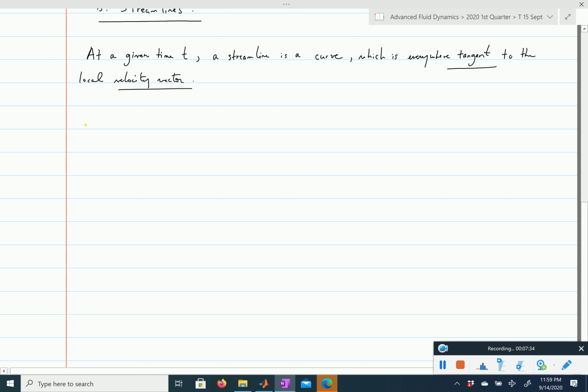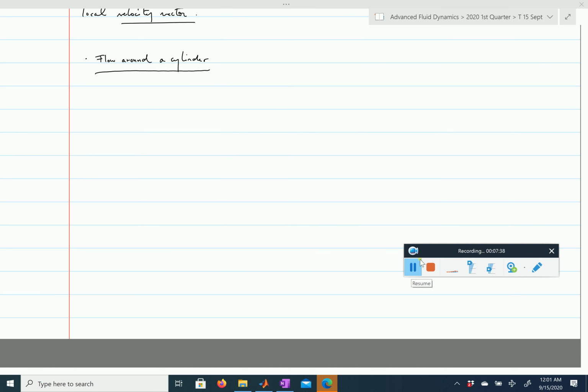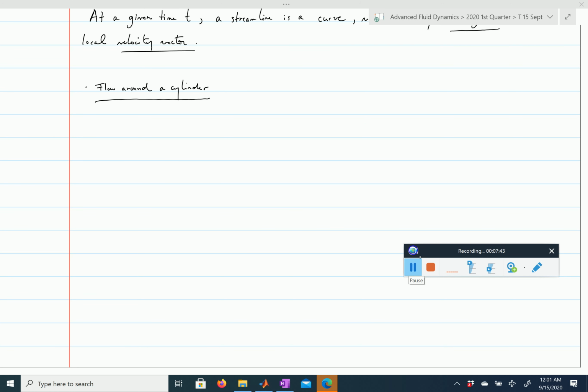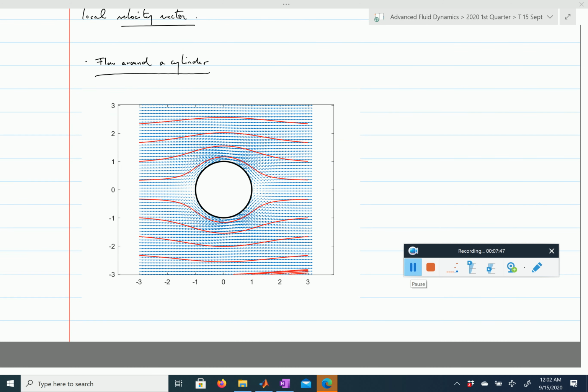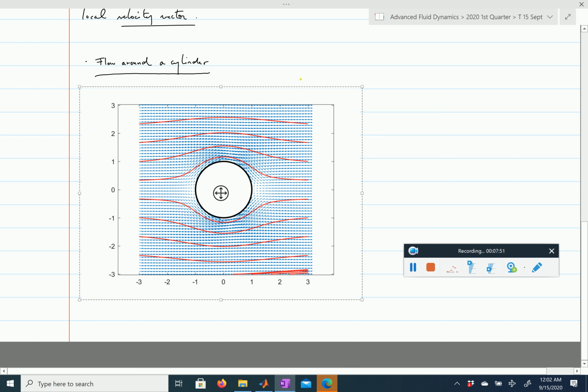Let's consider the flow around the cylinder. This flow we'll discuss more in detail in the second quarter. The velocity field corresponds to the ideal flow around a cylinder.